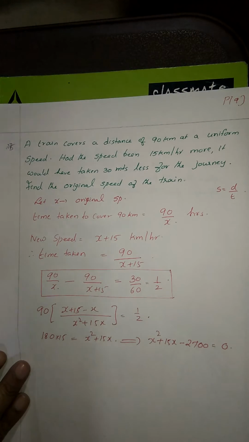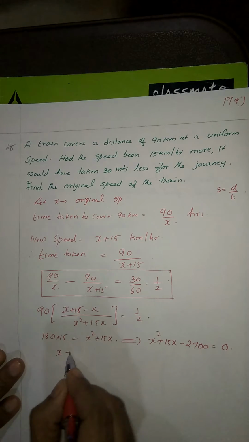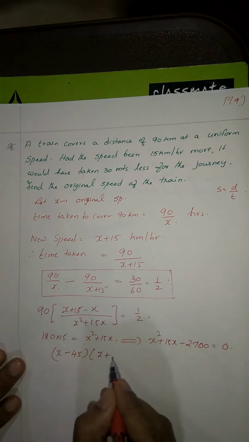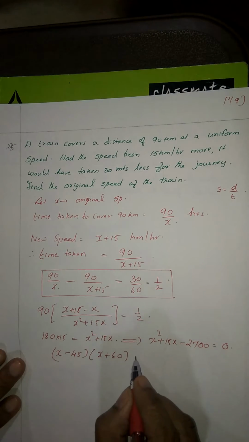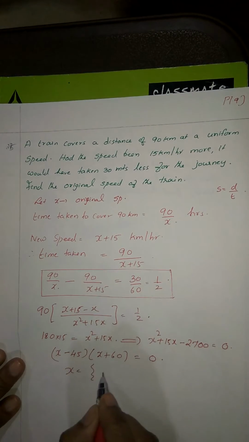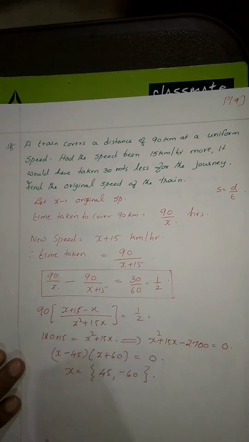So you get x minus 45 into x plus 60 is equal to 0. So x is equal to 45 and minus 60.